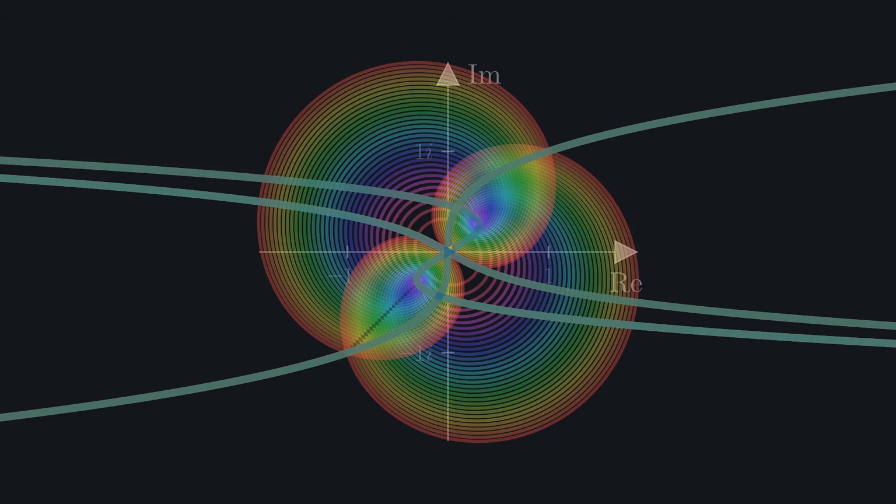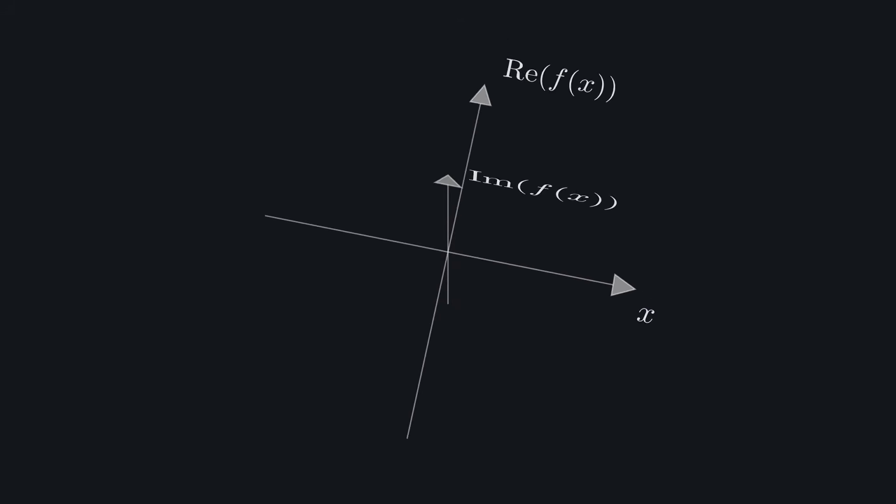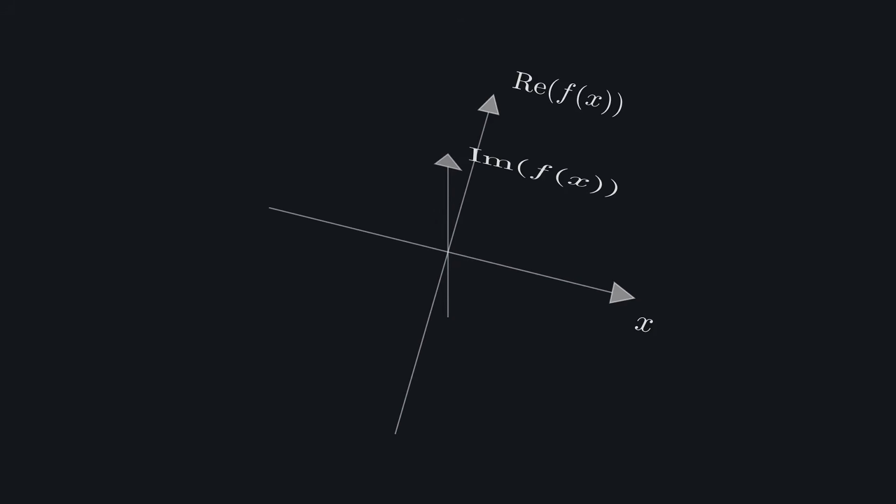Let me hide the graphs, and we'll go back to the familiar coordinate system where the horizontal axis represents x and the vertical f of x. Now we slightly upgrade it. We'll declare the vertical axis to be just the real component of f of x, and add another axis going directly towards you for the imaginary component of f of x.